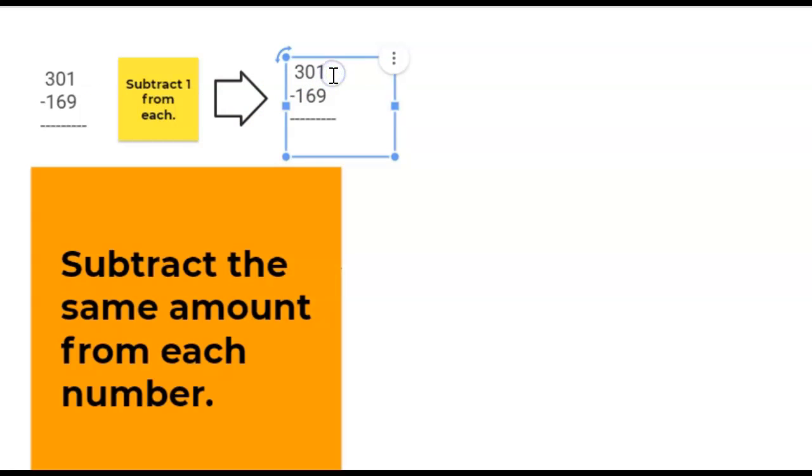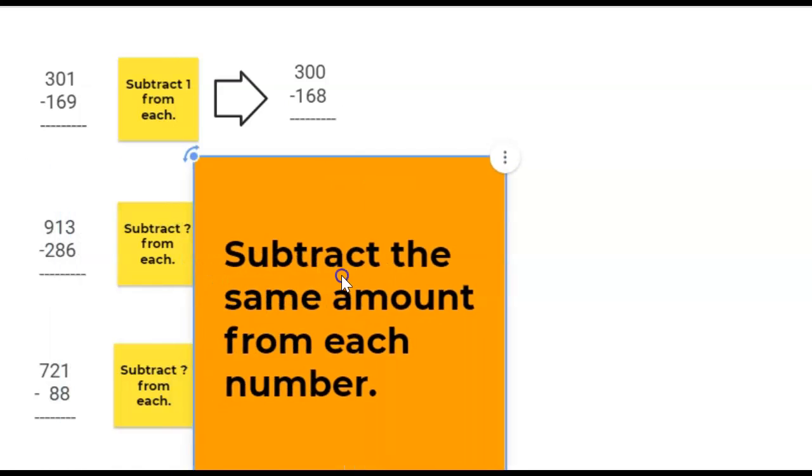So we're going to make each of these numbers 1 less. So 301 becomes 300, and 169 becomes 168. So let's do that for a couple more numbers, and then I'll show you the next step.